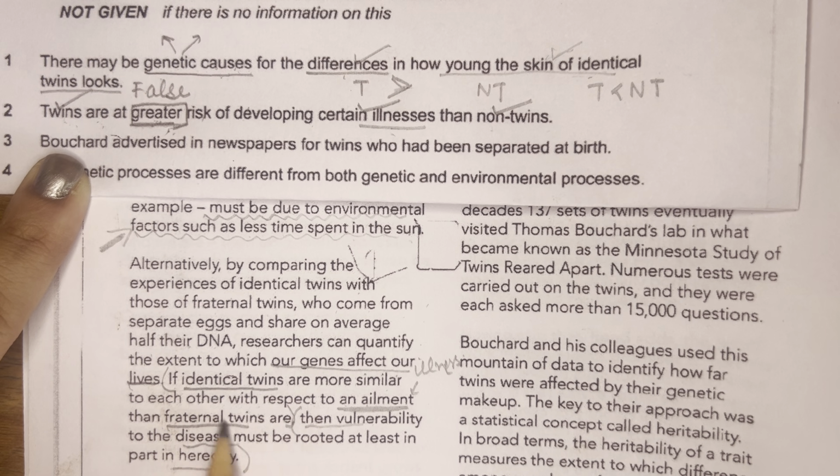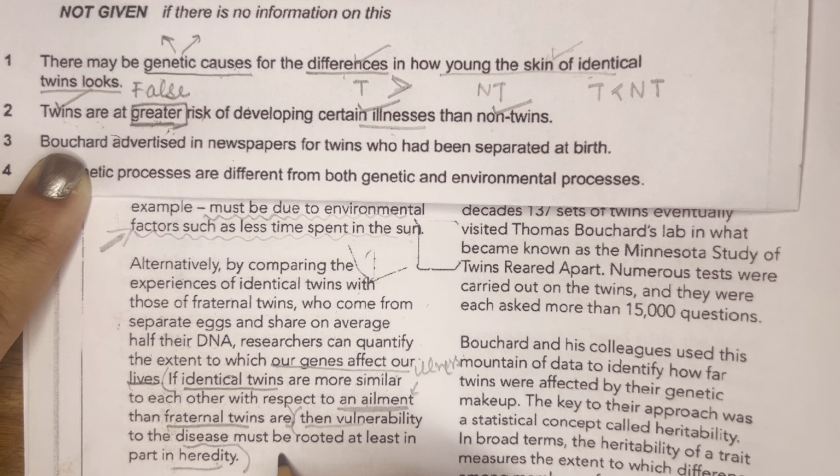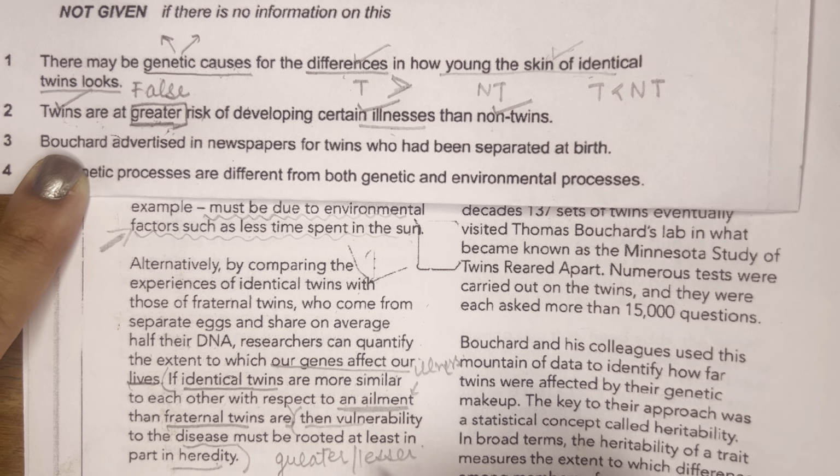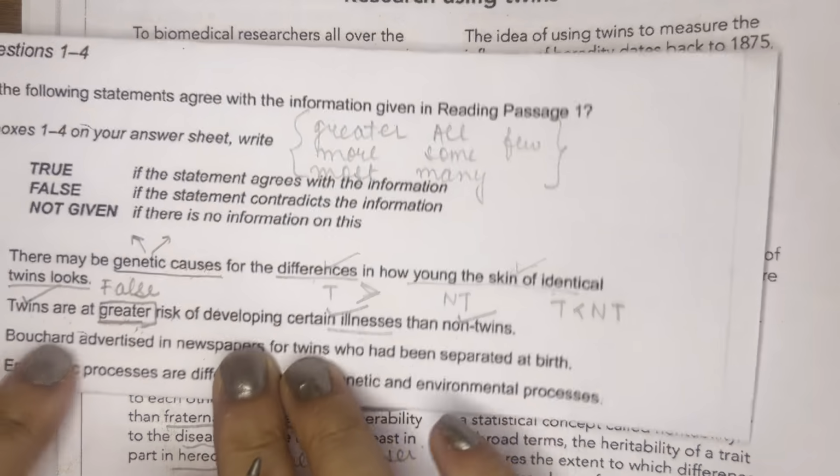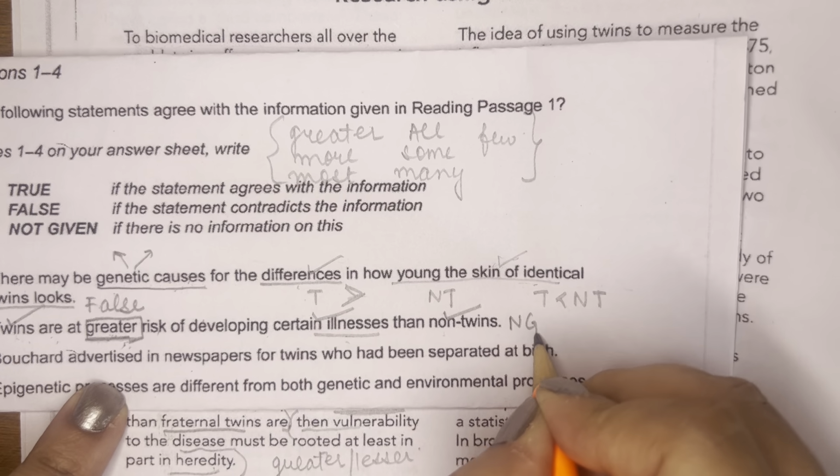They just say that if this happens, then the cause of this disease would partially be heredity. So there is no comparison, no greater or lesser. We are unable to find such a word in this one. That's why the answer is not given.